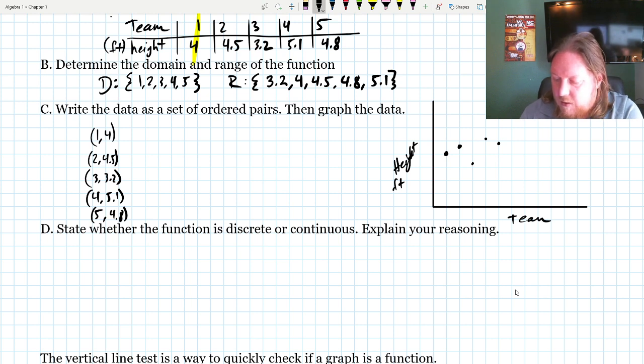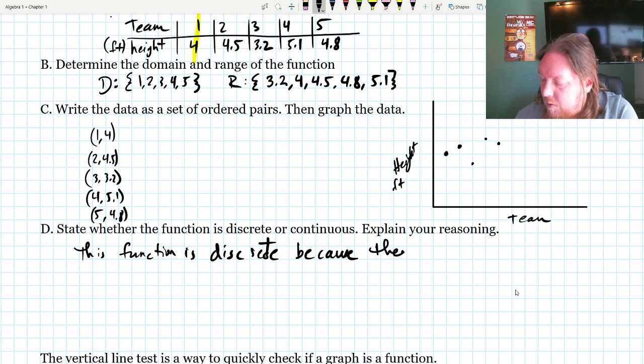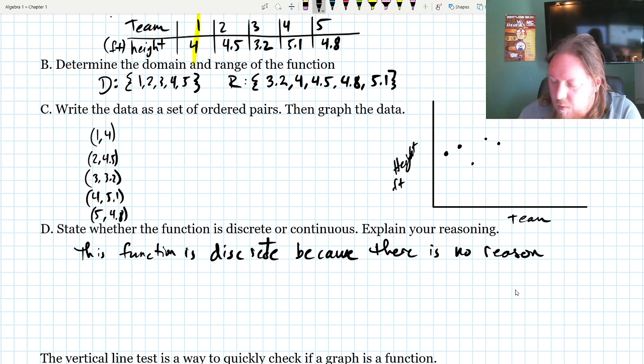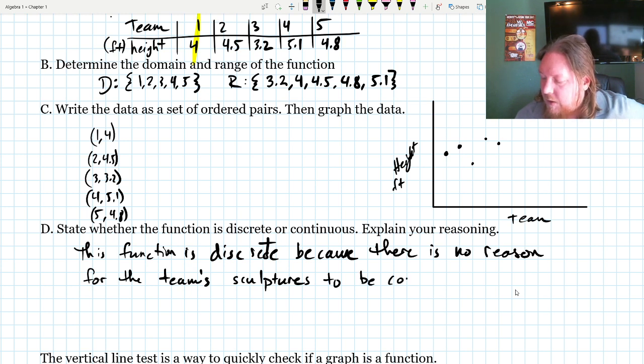So here I'm going to say this function is discrete because, and this is where the explanation comes in, there is no reason for the sculptures to be connected.